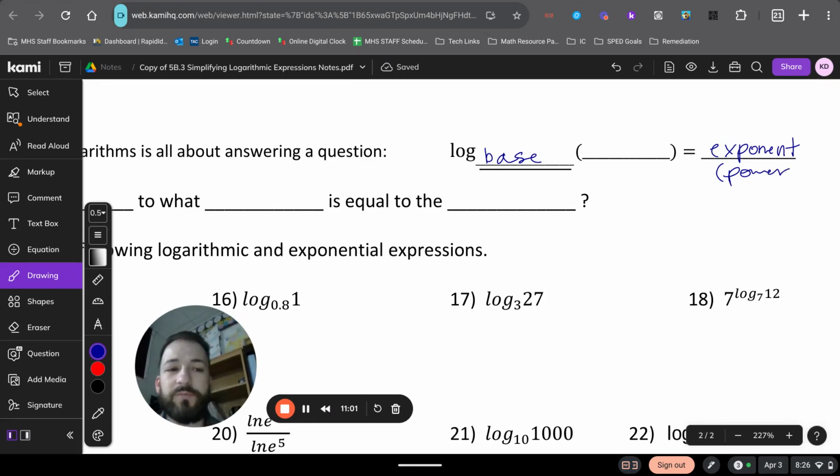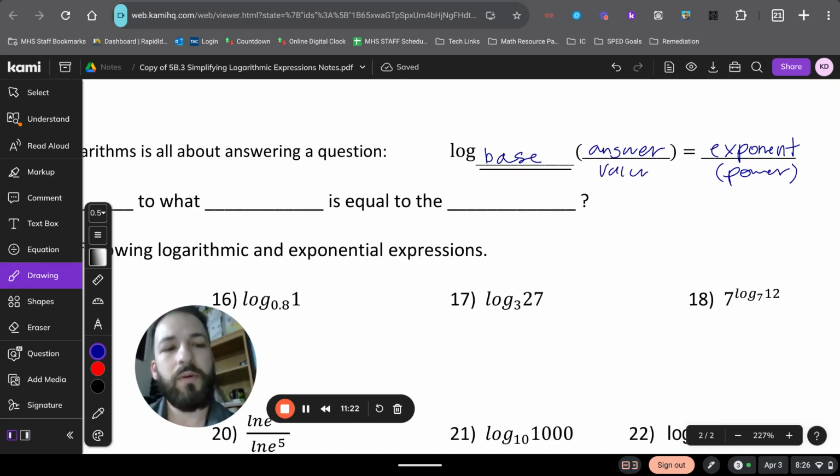Even though we've converted something to a log, that number that's left over on the other side, it's still the exponent or the power that it was before, which means this number on the inside was actually that base raised to that exponent. So we're going to call this our answer or our value.